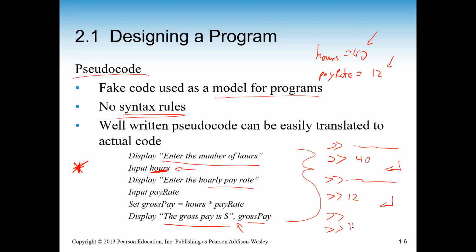So it'll say the gross pay is, and it was 480. Okay, $480, and that's really what happens there. That's your very first program. That's your first pseudocode. That's your first input and output program.